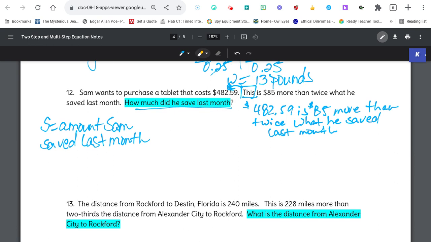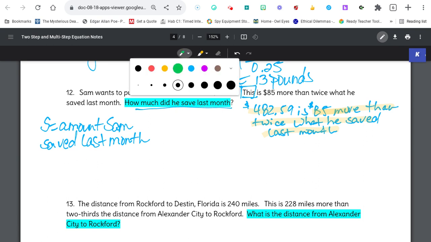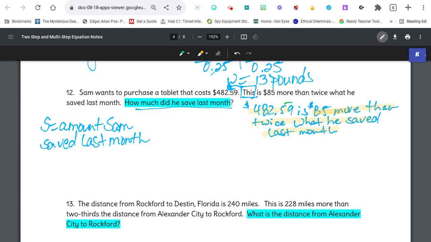All right, so I know that this number is all of that. I can say this number equals all of this. Instead of is, I say it equals that.